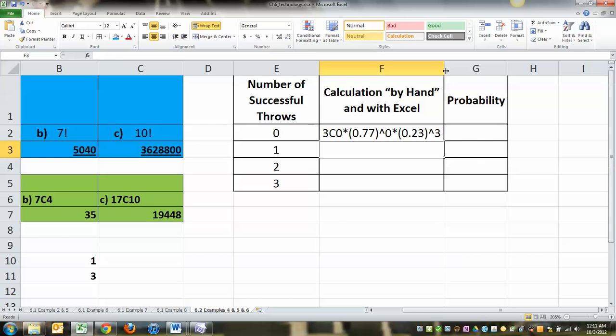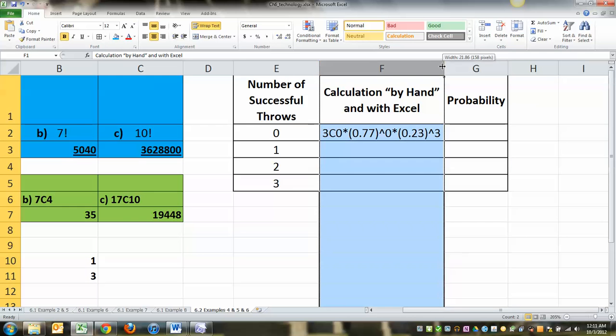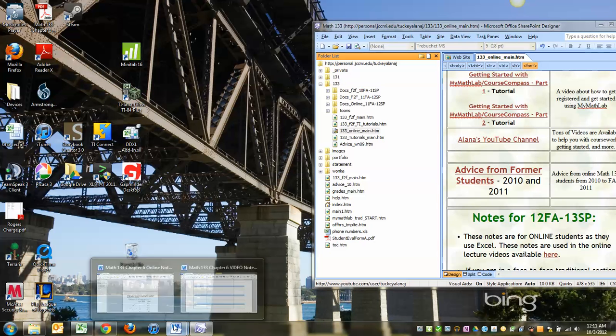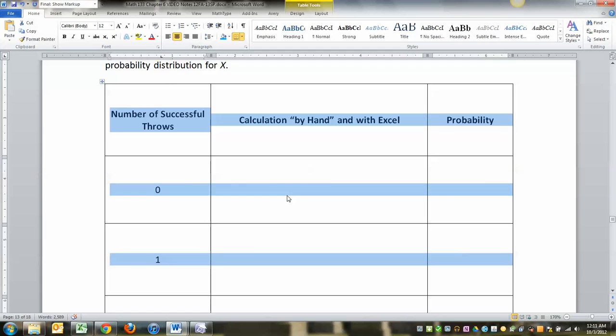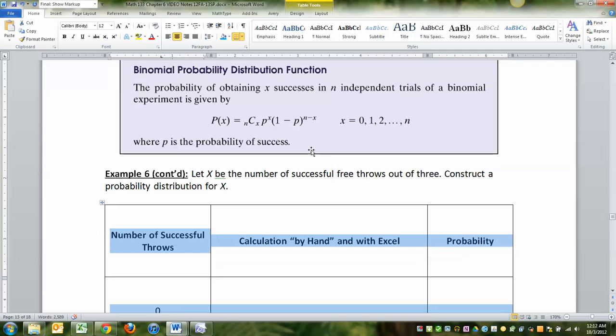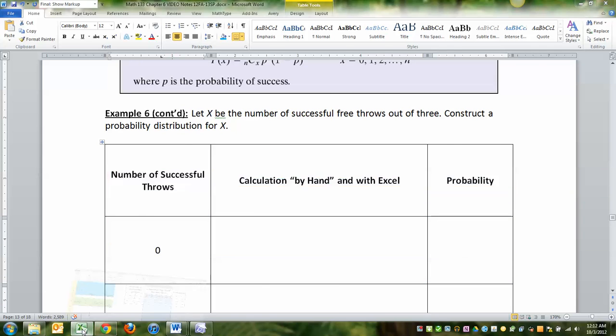Right? That's by hand if you're going to do it that way. That's what it's saying. We want 3 players, choose 0. I want the probability of success, 0.77, to the 0 power, because I want no successes. And then I want 3 failures. What a giant pain.